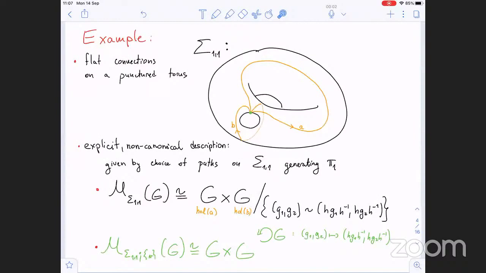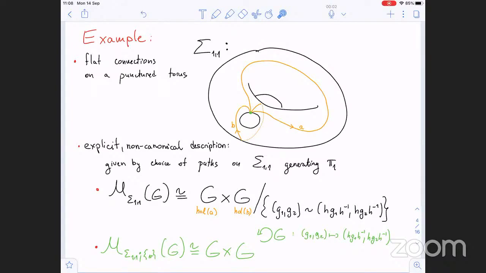It's very simple-minded. We just look at a one punctured torus. So this is the torus. There is this one puncture, so there's a hole. To get an explicit description of the moduli space on this torus, one needs to make some choices.